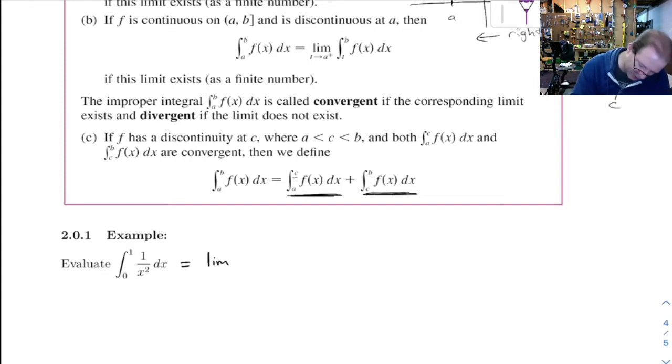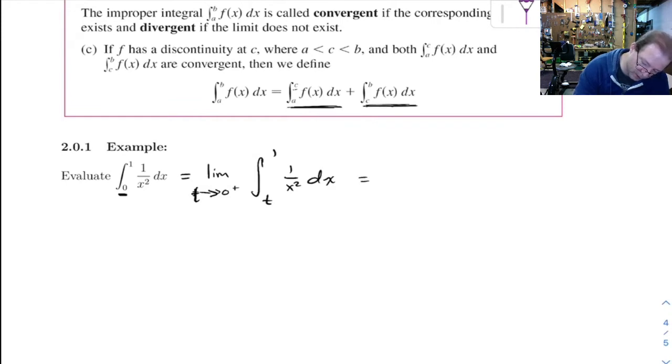Now, where's this thing discontinuous? It's discontinuous at 0, because if you plug in 0 into 1 over x squared, you've got an asymptote at 0. So you take the limit as t goes to 0 from the plus side of the integral, I'm sorry, that shouldn't be an x, that should be a t, from t to 1 of 1 over x squared dx.